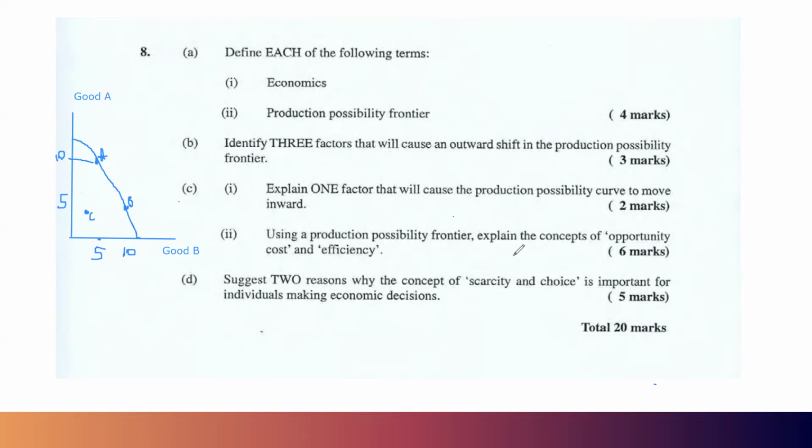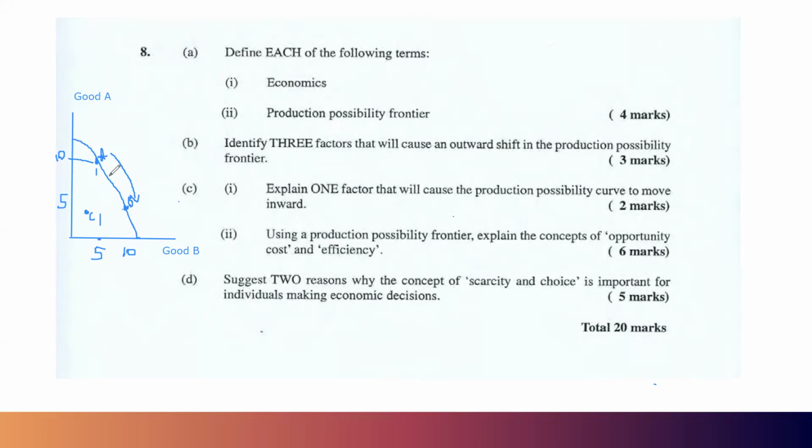So for example, in the production possibility curve above, if I am operating at point A, where I am producing 10 of good A and 5 of good B, and I would like to increase the amount of good B to 10, I would have to give up 5 of good A. To operate at point B, I would have to give up 5 of good A. The 5 of good A that I give up to get the 5 more of good B would be the opportunity cost.